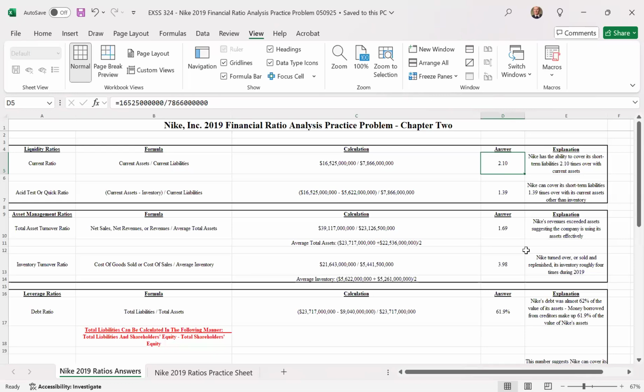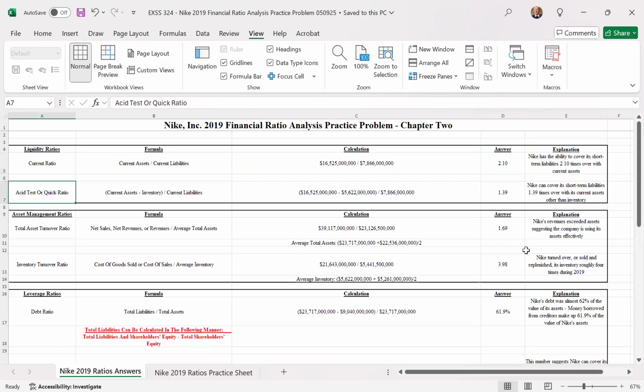Nike has the ability to cover its short-term liabilities 2.10 times over with current assets. As we mentioned earlier in the module, a 2-to-1 ratio here is good, but we would need to do a little more research to determine how good it is in comparison to Nike's competitors.